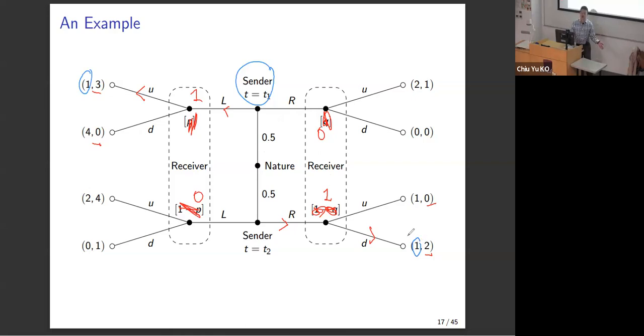I'm not deviating, same payoff. Now look at the case. I am the purple sender 2. Along the equilibrium I send here, I got 1. If I deviate, I send L. Oh, sorry.